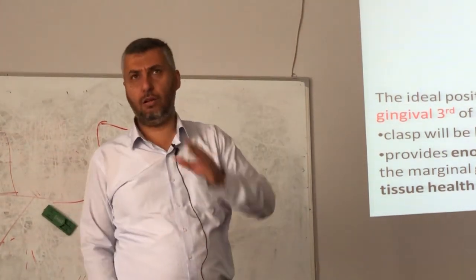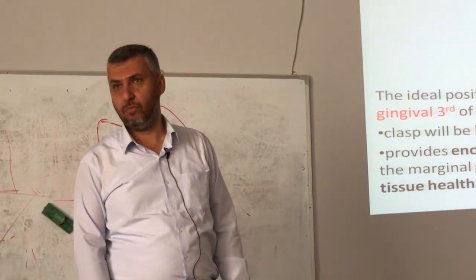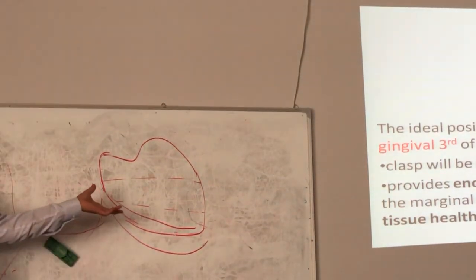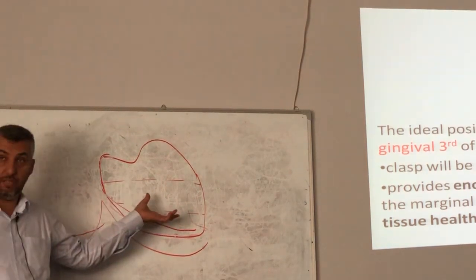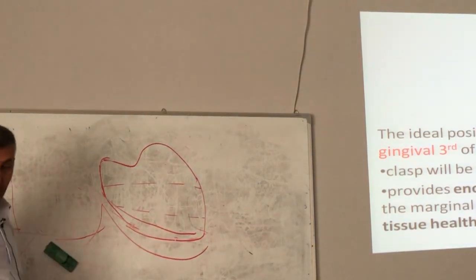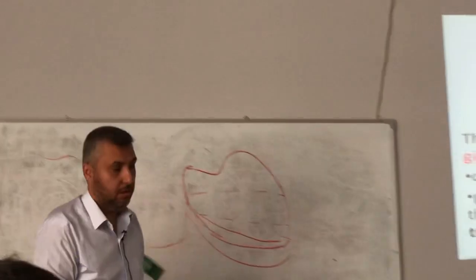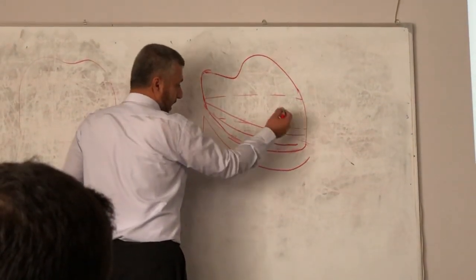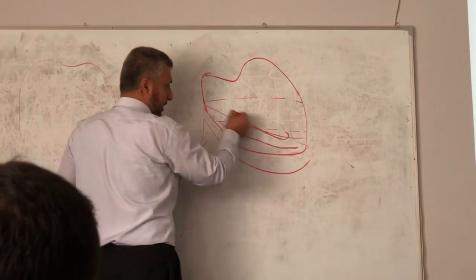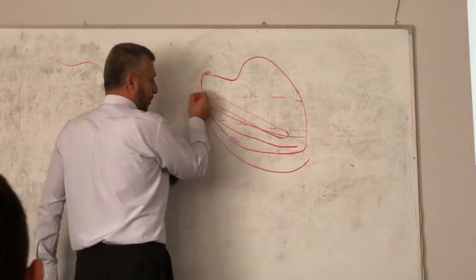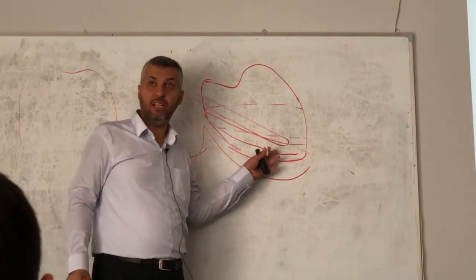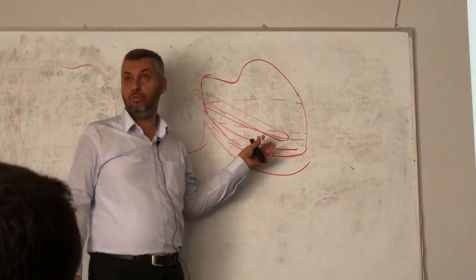If the position of the survey line was higher, in this position, and I have to place the clasp in this area. The normal survey line was in that area, and I wanted to place it in this area. What do I have to do?